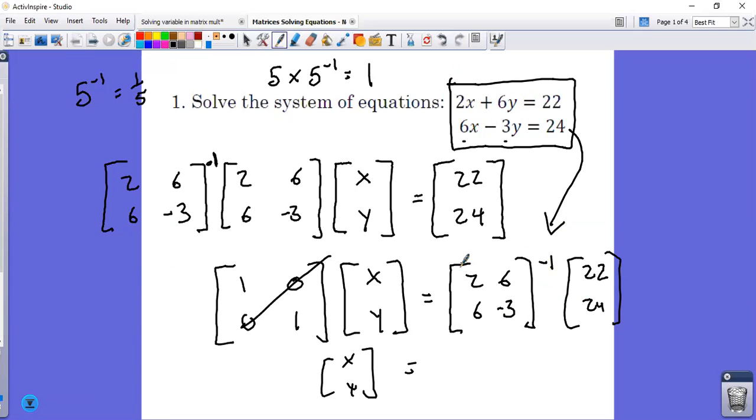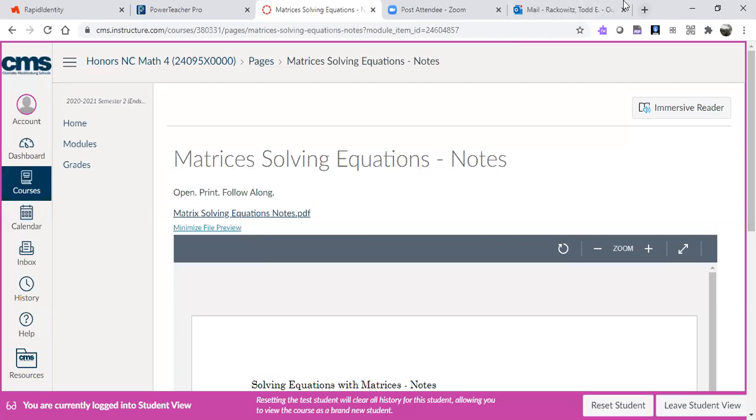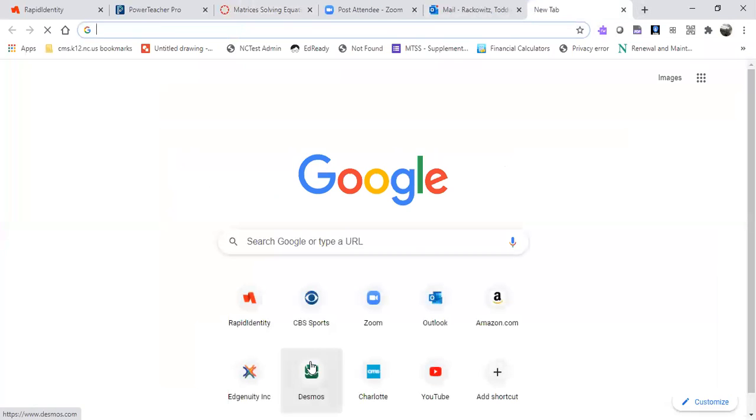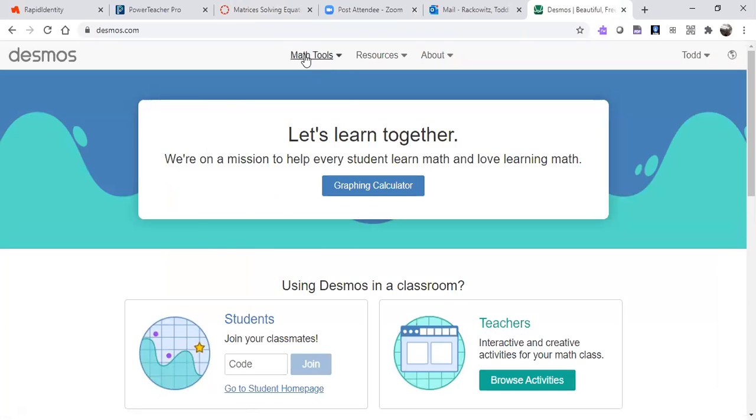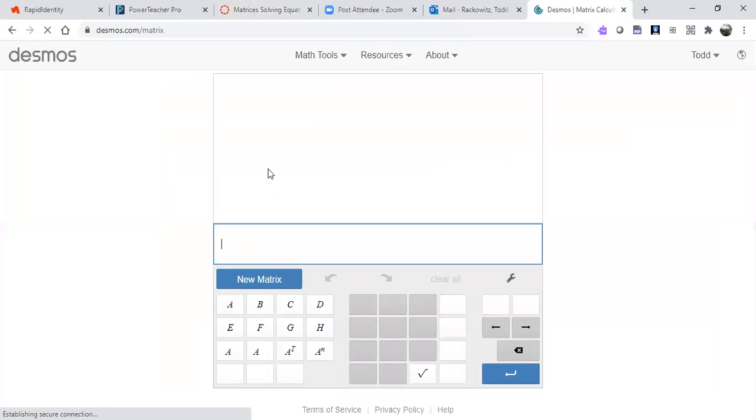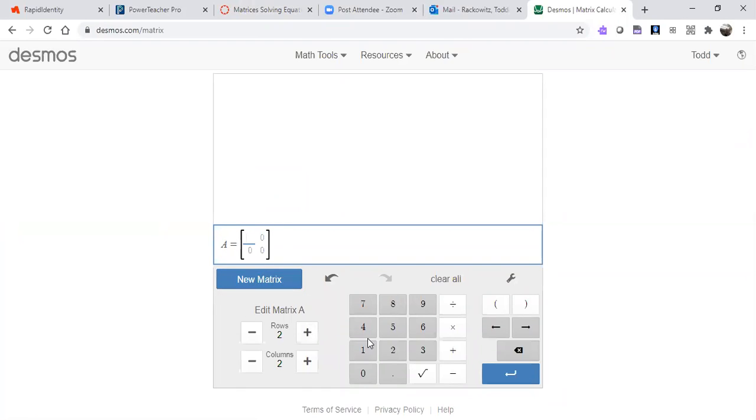So let me show you in Desmos. If we go back, open up Desmos. Math tools. So the matrix calculator. So I'm going to do matrix A was, now I got to look back, but you're not seeing me look back. 2, 6, 6, negative 3.